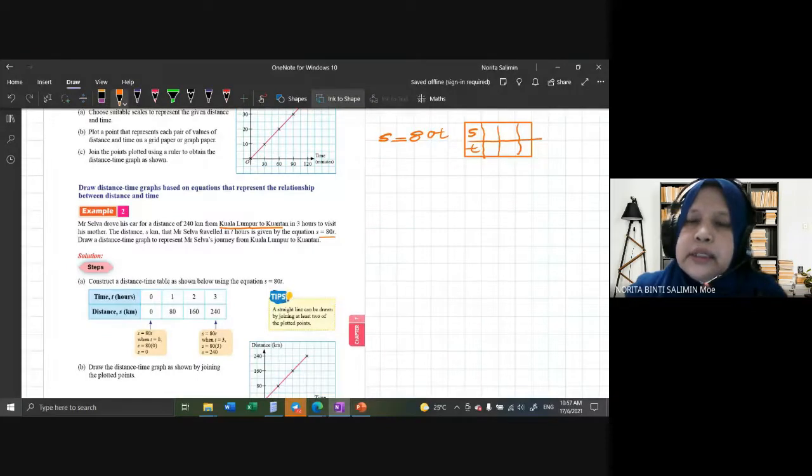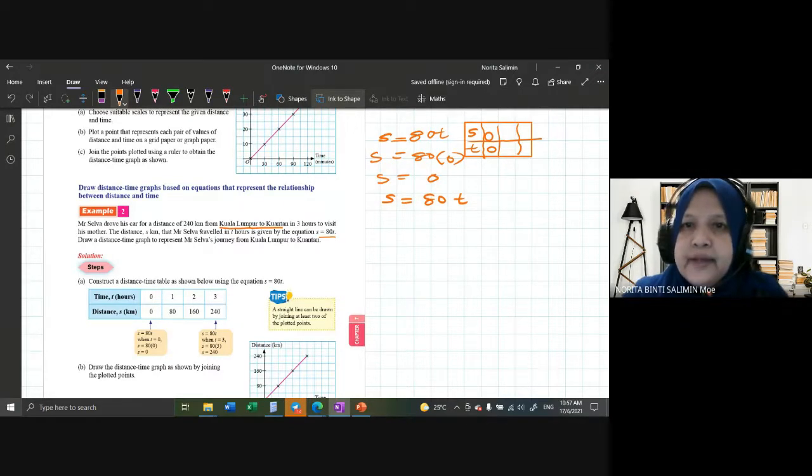For drawing a straight line, we just need two points. Let's say T is 0. When T is 0, S equals 80T, you substitute 0 here, so S is equal to 0 also. So the point is (0, 0). Then let's say T is equal to 10.